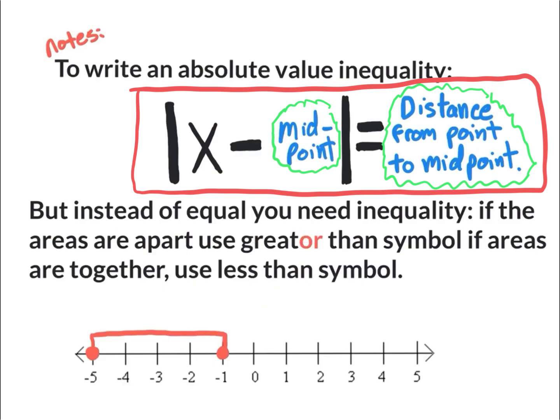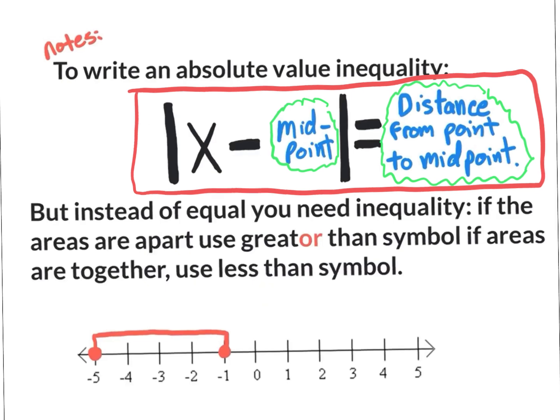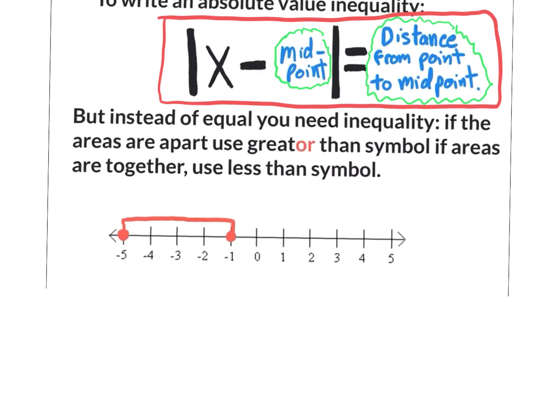And I misspelled greater, just so you could remember that if the areas are apart, you're using the greater than symbol. If the areas are together, then you're going to use the less than symbol. Okay, so once again, if the areas are apart, it's going to the left or to the right, use greater than symbol. If the areas are between here and here, like on this one, you're going to use a less than symbol, okay? So with this said, let's write the absolute value inequality that represents this example right here, okay?